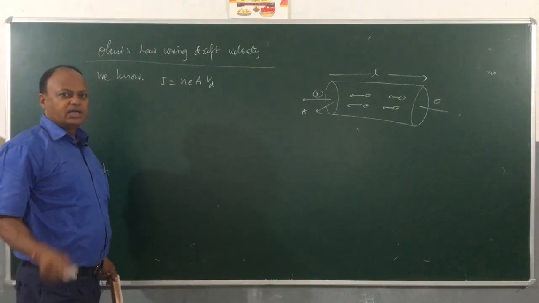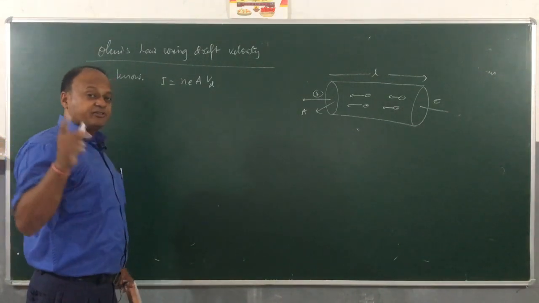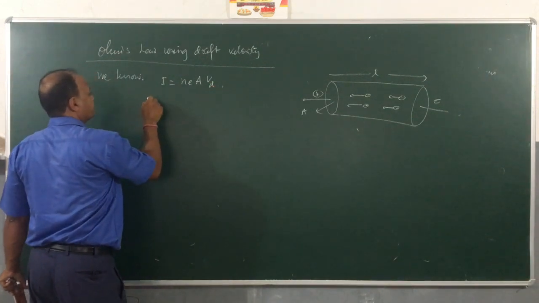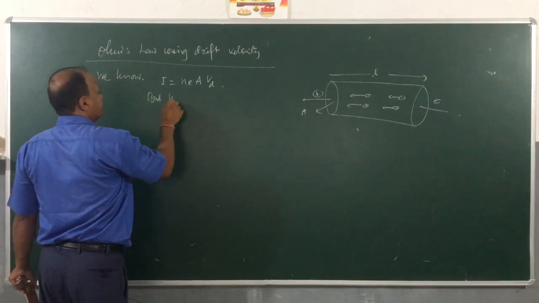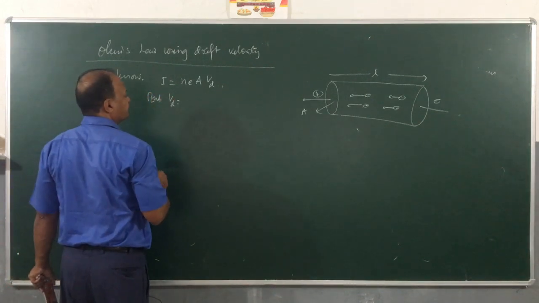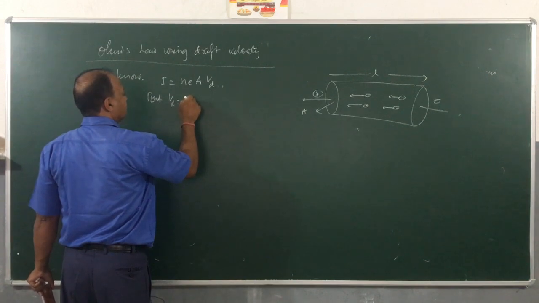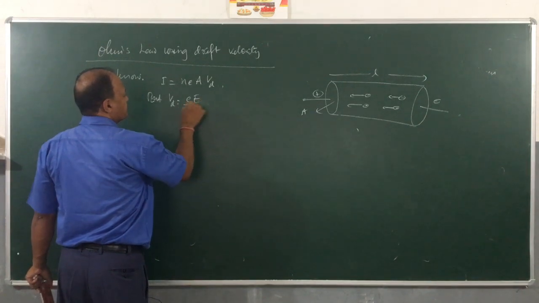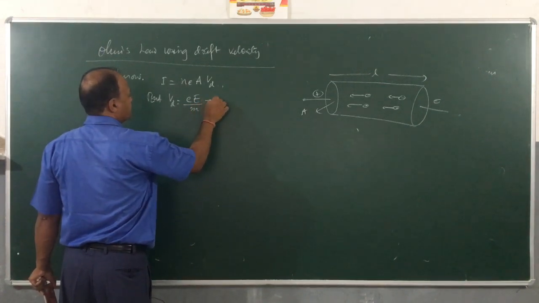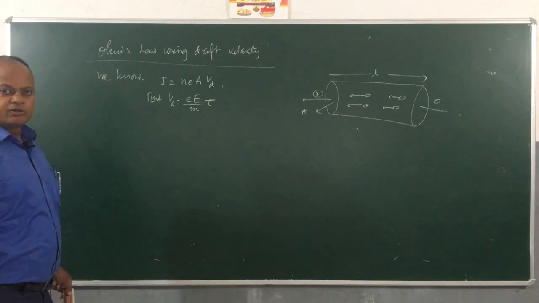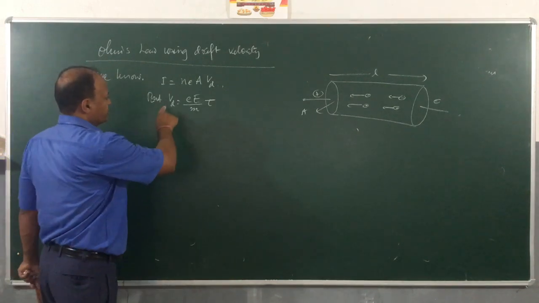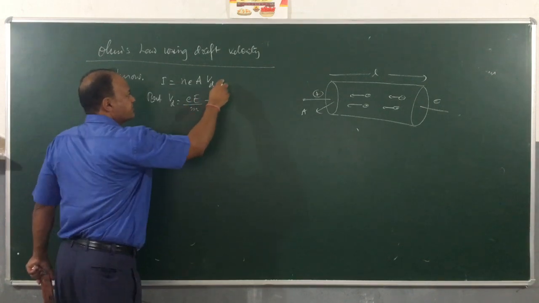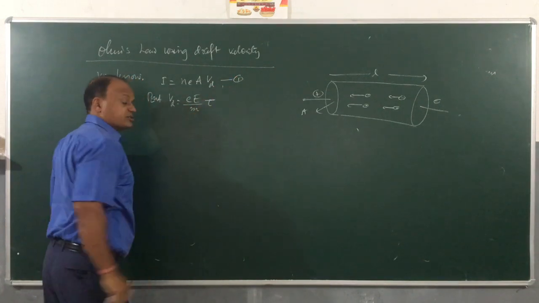We derived this just now, and yesterday in the previous video we have seen that v_d is equal to e E by m into tau. We discussed this. Drift velocity is equal to e times the electric field divided by m into the period of relaxation.